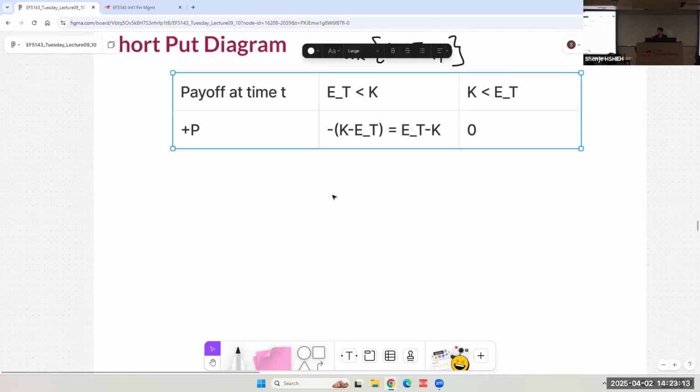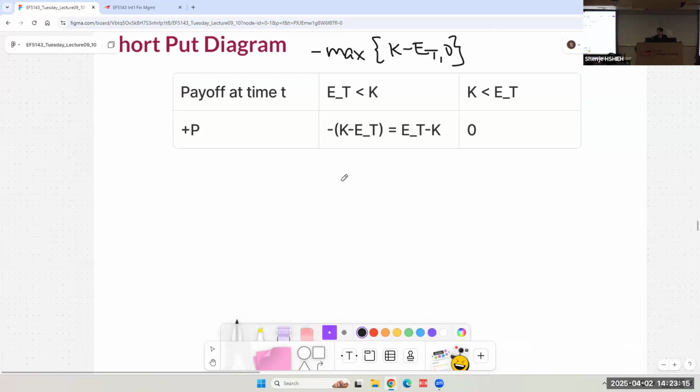Graphically, it will look like this. Payoff. This is E_T, K, 0 payoff. So not accounting for the cost, the benefit of selling the put in the beginning, let's do the gross payoff first.